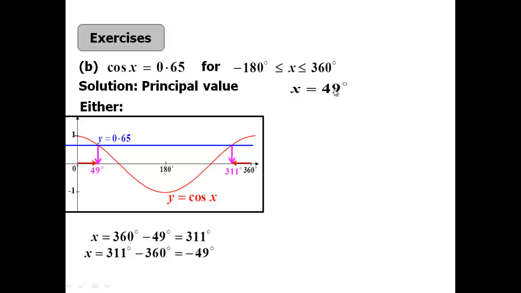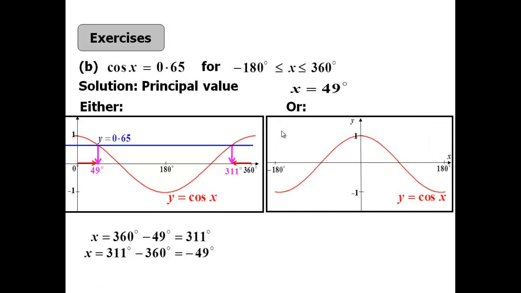If we take 360 off 49, then it would be outside the interval. And you can see from the graph there why that negative 49 degrees value works. Remembering that cosine is what we call an even function, so the cos of any angle, the cos of the negative equivalent of that angle will be the same.